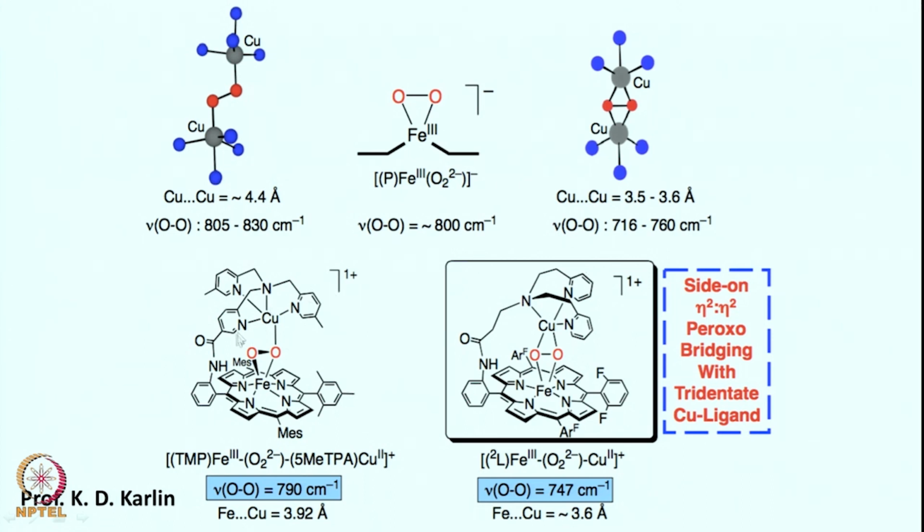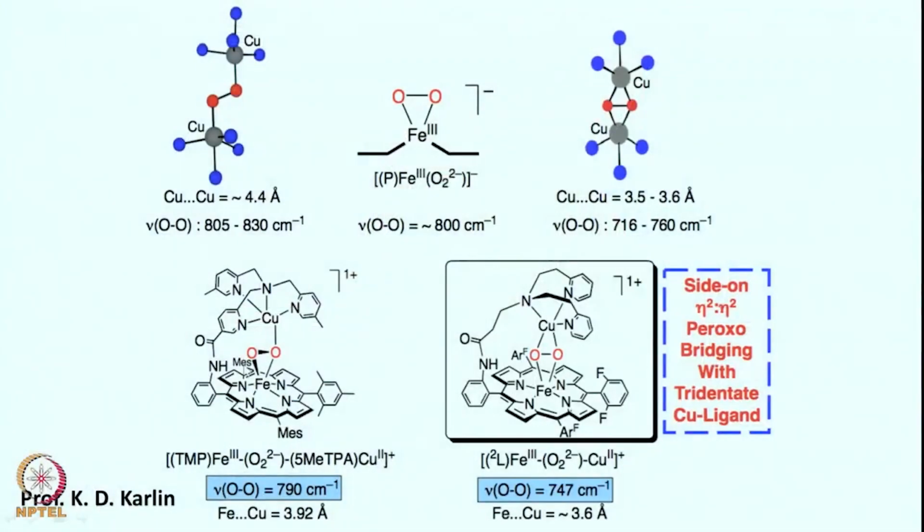So, this may not be the case, although the reduction of oxygen will be similar, but the geometry should be, as you can expect, side on or eta 2 as you see over here, but for the tridentate ligand this is side on both. So therefore the copper is expected to be that.